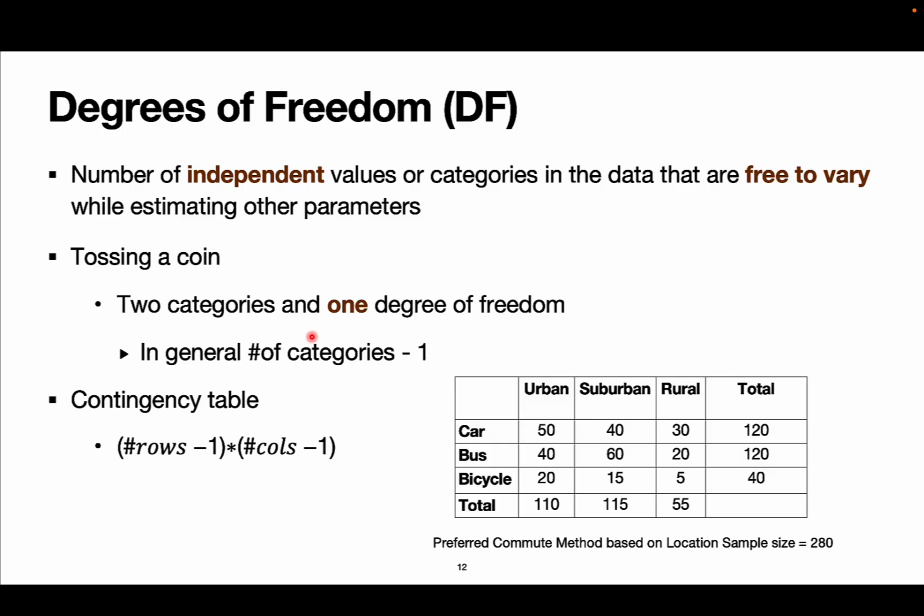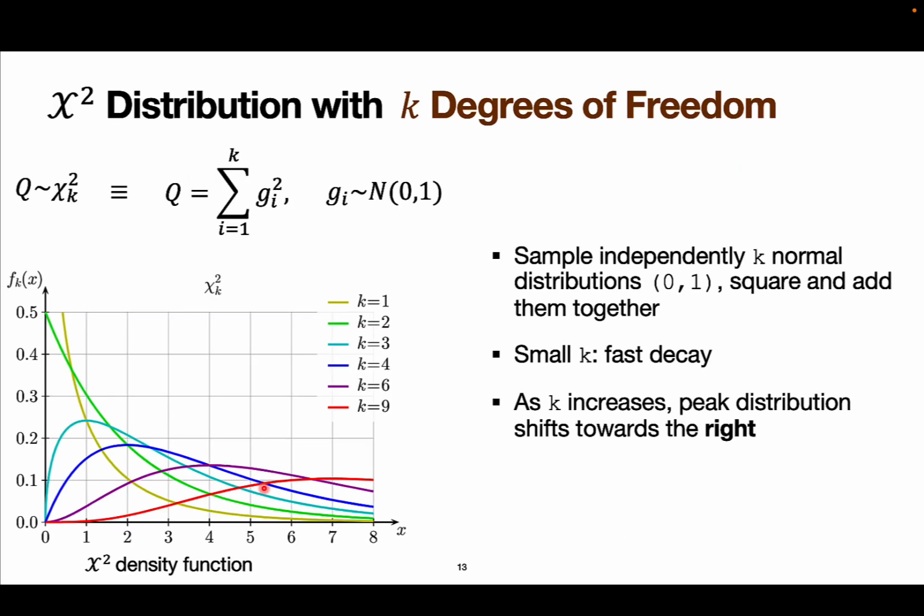For the case of contingency tables, the number of degrees of freedom is the number of rows minus 1 multiplied by the number of columns minus 1. A chi-square distribution with k degrees of freedom is formed as sampling from the normal distribution with mu equals 0 and sigma equals 1, squaring the samples and summing them up.